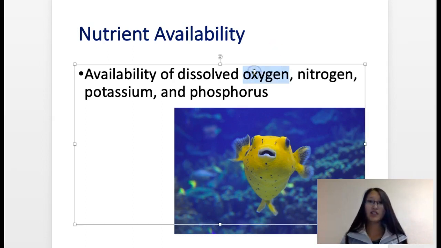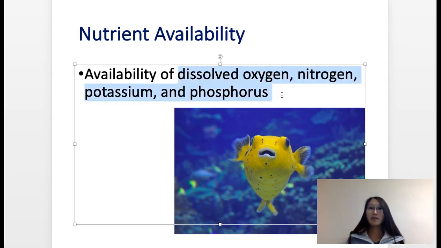For example, oxygen has a certain weight and takes up a certain space. Nitrogen as well, potassium and phosphorus. Those are all nutrients that organisms need in their system in order to do all the basic cell activities. So these nutrients and their availability affect organisms' life in water.